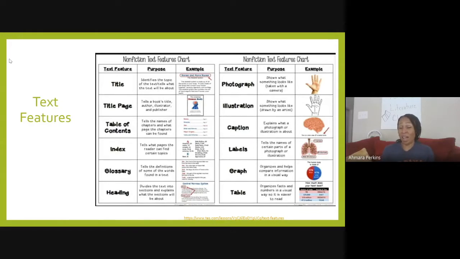We can see graphs. So there are certain text features that pop out at us that let us know that it is, in fact, nonfiction text. We also discussed that nonfiction text is text that is real, right? So there are real people, real places, real events, real things, real ideas.